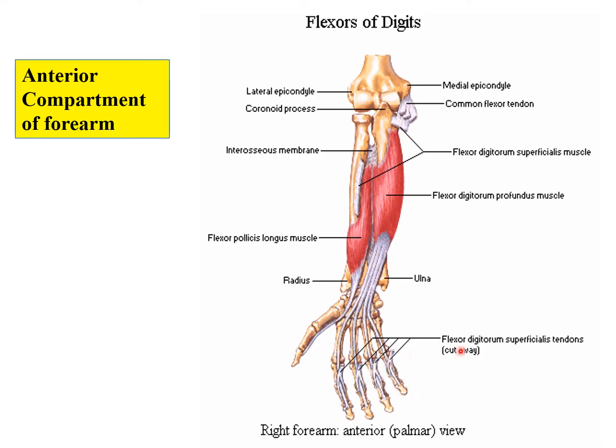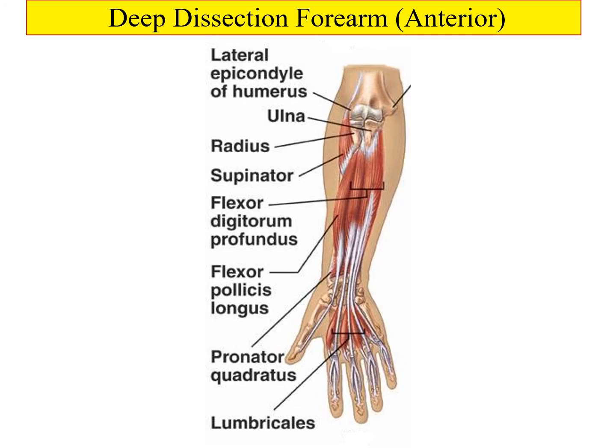So combinedly they act together when we make a fist. So flexor digitorum superficialis is mainly acting on the middle and proximal, and profundus is mainly acting on the distal, but they are also acting on the middle as well as proximal, as well as metacarpophalangeal joints to flex them.